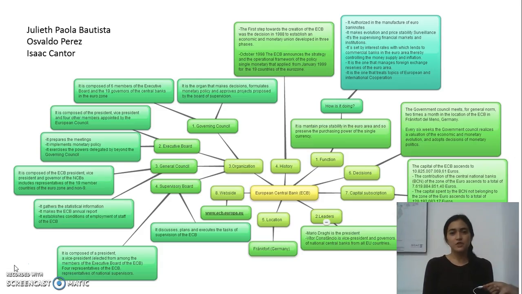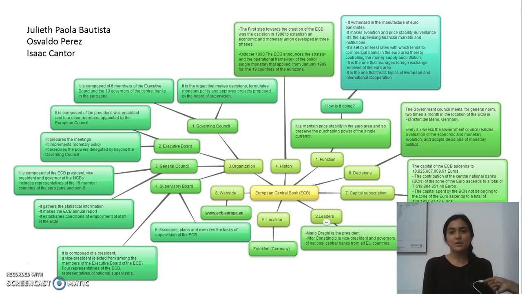The main function of the European Central Bank is to maintain price stability in the euro area and so preserve the purchasing power of the single currency. How is it doing this? It authorizes the manufacture of euro banknotes. It monitors price stability. It supervises financial markets and institutions.